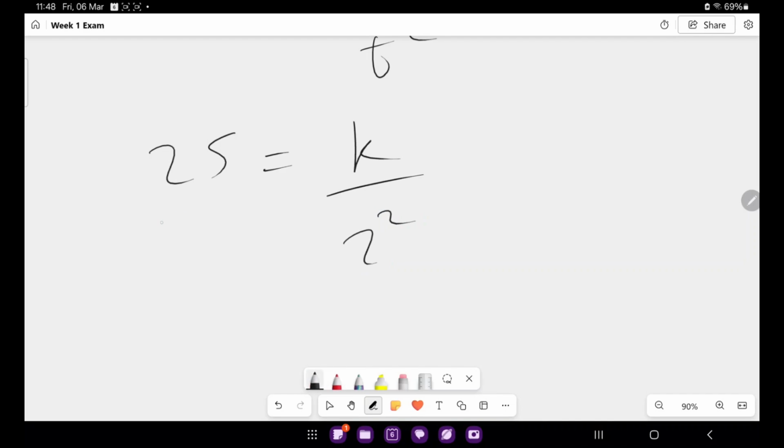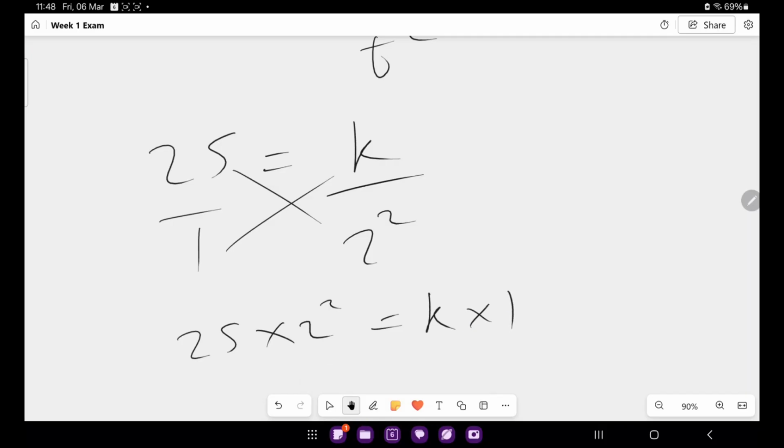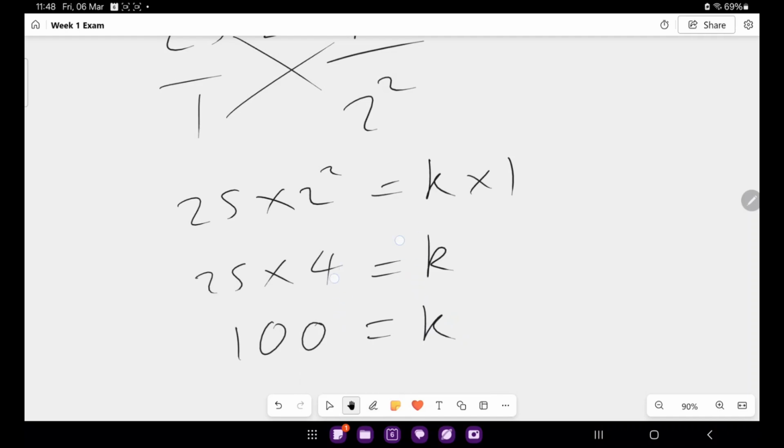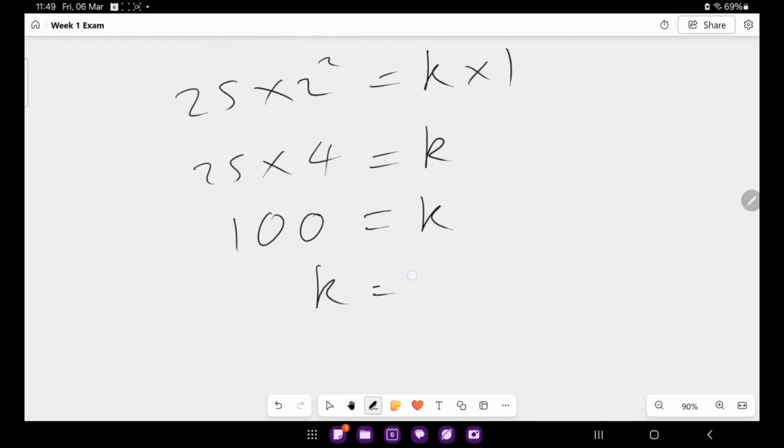What I usually do, because I want to remove the fractions, I'm going to use cross multiplication. So 25 times 2 squared is equal to k times 1. So 25 times 2 squared, which is 4, is equal to k times 1, which is k. 25 times 4, 100. So that means k is equal to 100. And then we are done. k is equal to 100.